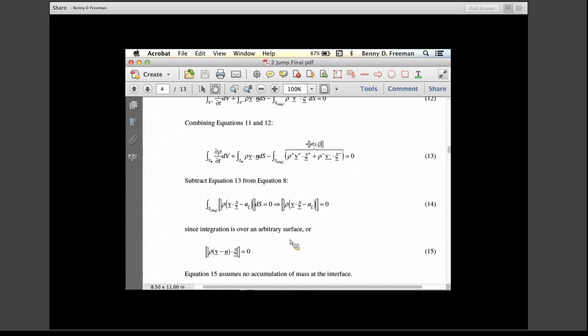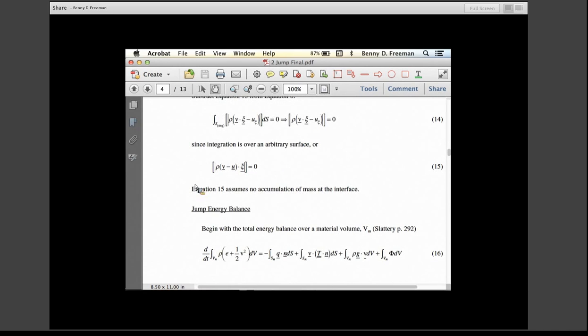And it says basically that any material that comes to, for example, the liquid-gas interface from the liquid phase, any material that comes to the interface has to leave the interface. This particular form of the jump mass balance does not allow for accumulation of material at the interface.